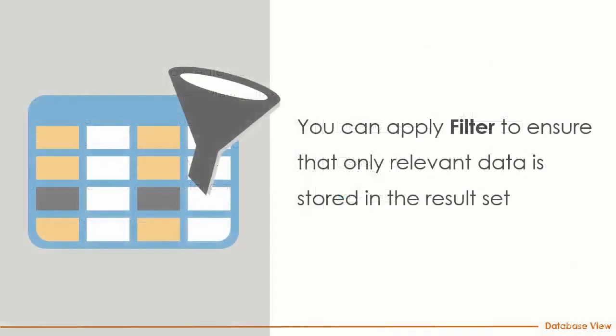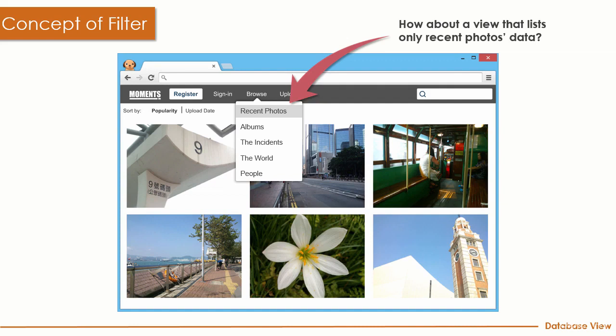And there is one more advanced feature you can use when you use the view. You can apply the filter to ensure only the relevant data you want is showing up in the view table. Let's just take another example. Say we want to show the recent photos, which photos we just uploaded within the last 5 days.